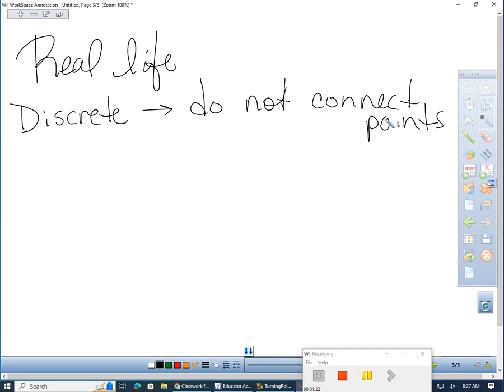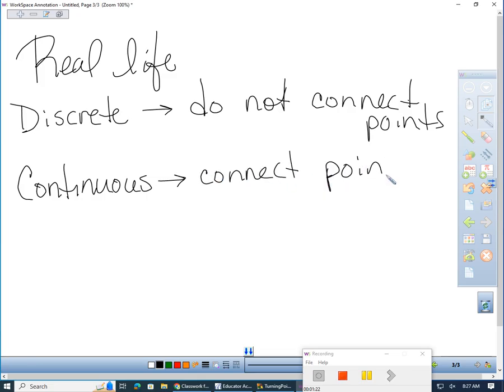Like we couldn't buy half a can of pop or half a can of soup, or you wouldn't buy half a pair of jeans, right? If it is continuous, that means you can have partial in between, and we do connect the dots. All right, so those are two different vocabulary words we're going to have in the future.